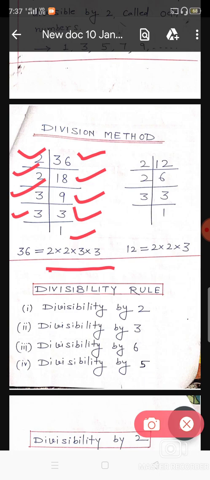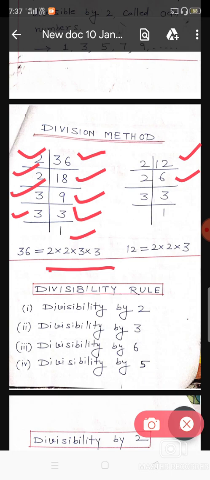Okay. Same thing in the second one, as 12 you are taking. First step, you will try to divide it by the least prime number. So first check whether it is divisible by 2 or not. Yeah, it is divisible by 2 because 2 6s are 12. Yes, now 6 can be divided by 2.